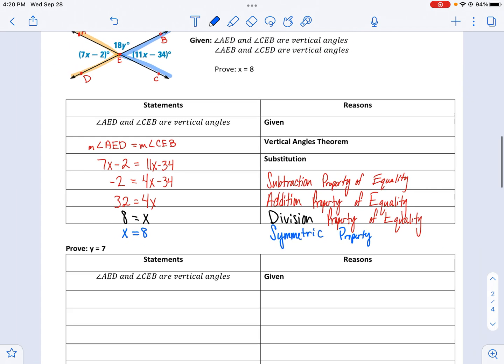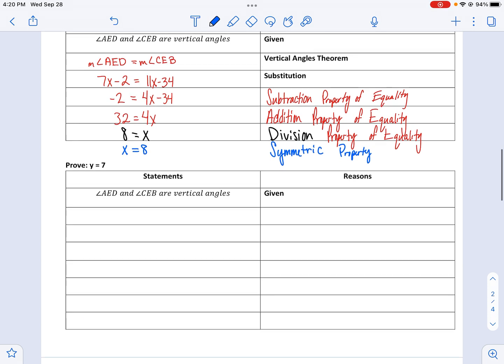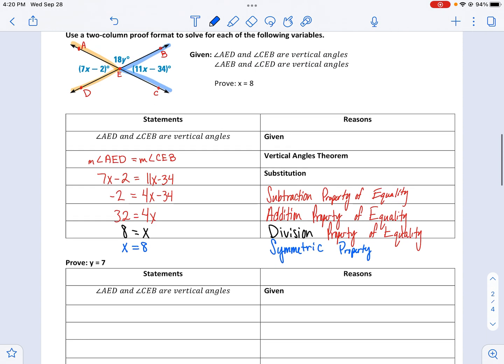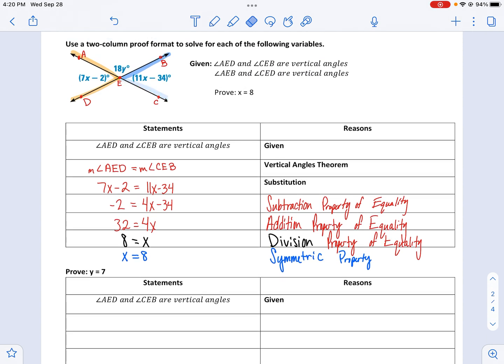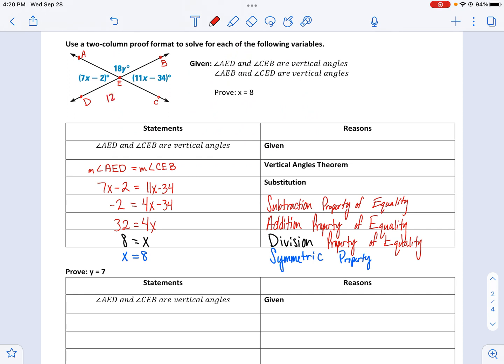All right, let's try zooming out here. Let's try one more. I want to prove that y equals 7. So if I want to prove that y equals 7, well, what angles, and this should be labeled as 126, what angles have y in them?